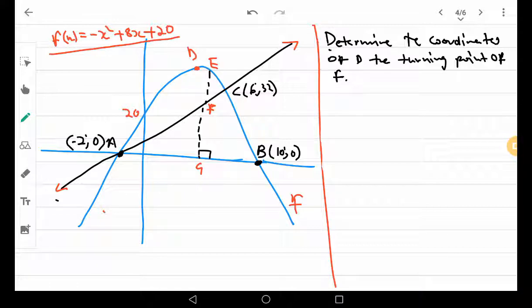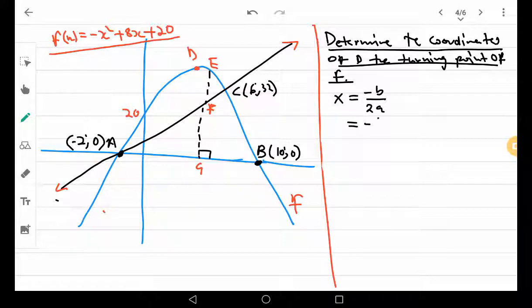There are three ways of doing it. The first one: x turning point is equal to minus b over 2a. So minus, what is your b there? 8, over 2a, which is minus 1. So you get positive 4.